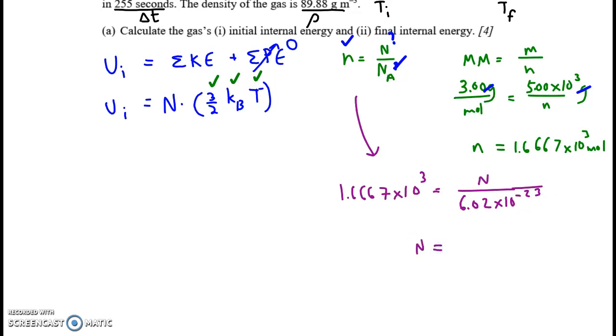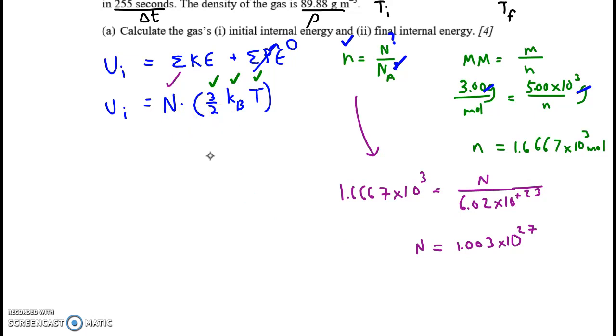I cross multiply to get the value of N. Oops, positive. What am I doing? Oh, sorry. We'll do 1.003 times 10 to the 27. That's how many molecules we have. And now that I know this value, I have all of the givens necessary to calculate the initial internal energy.